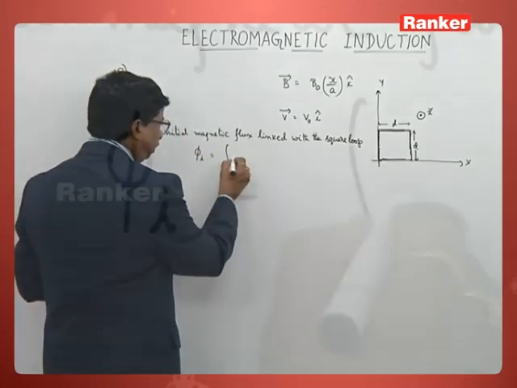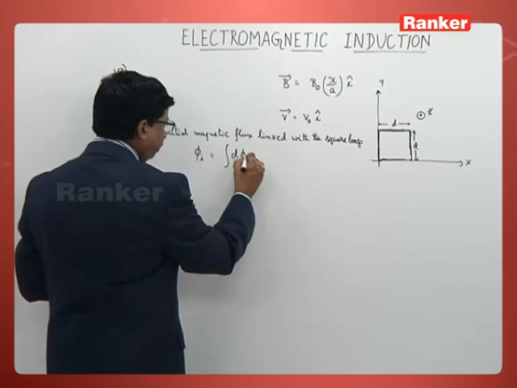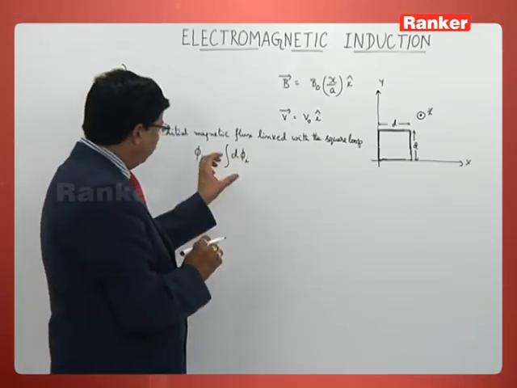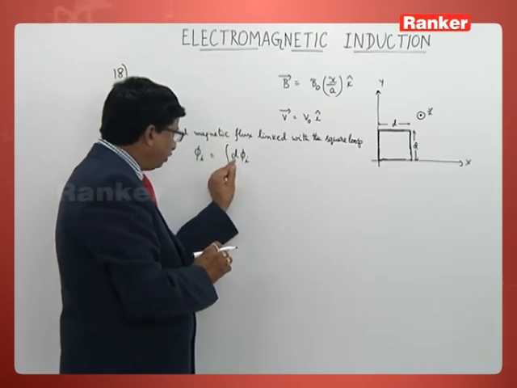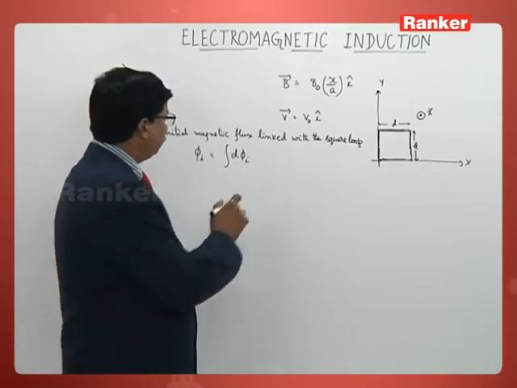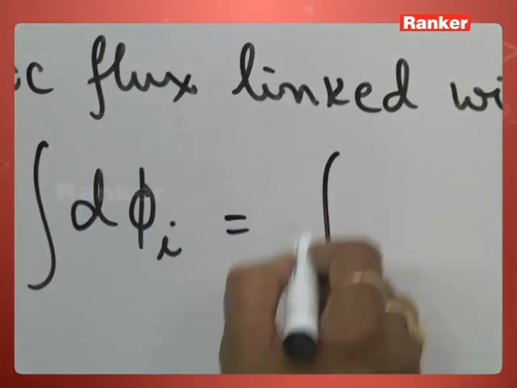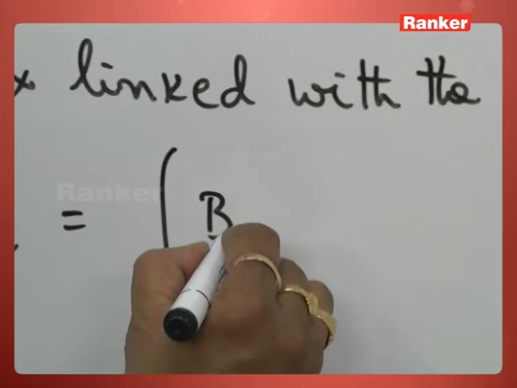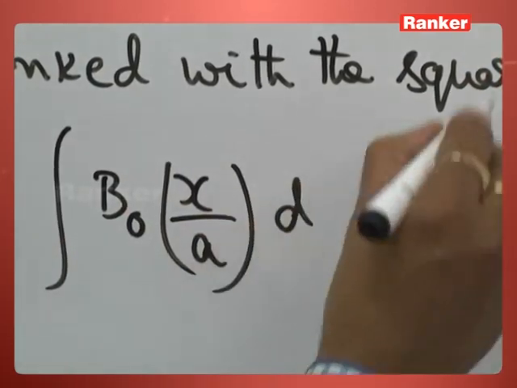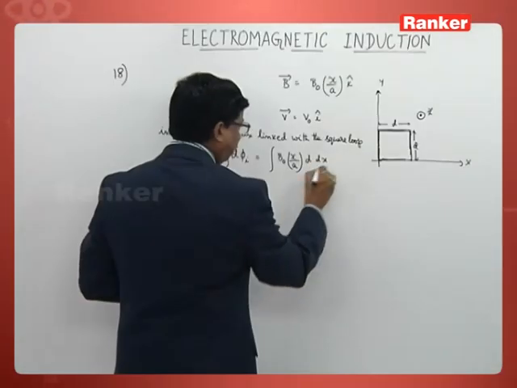How do you get that? Integral d phi I, that's nothing other than phi is BA. We know that point very well. So we can rewrite that as integral B naught x over A into d into dx.